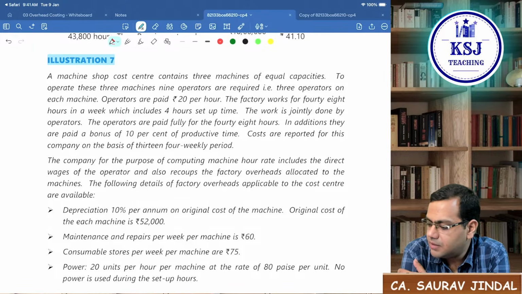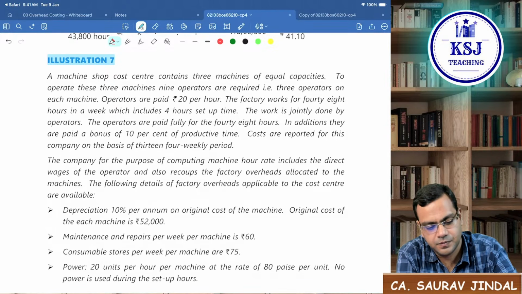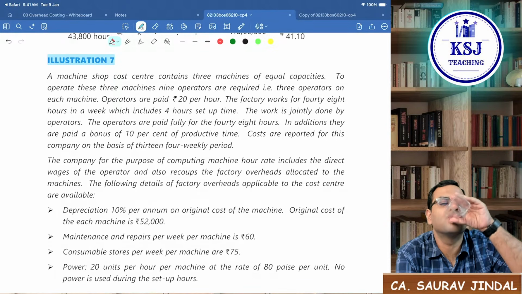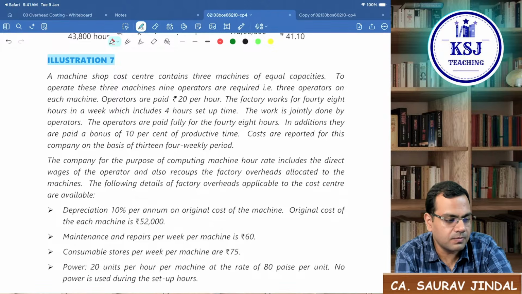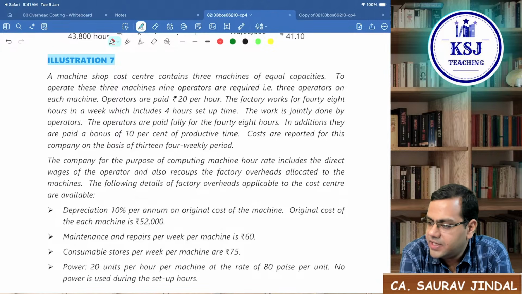Okay, fine. Let's come to illustration number 7 now. Again, this question is on machine hour rate.